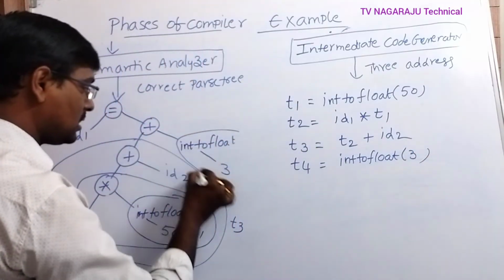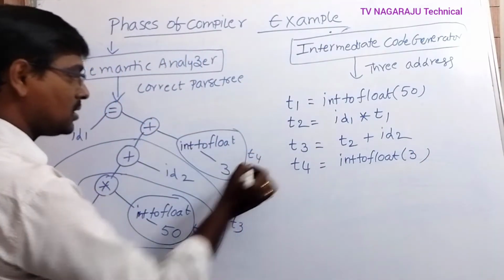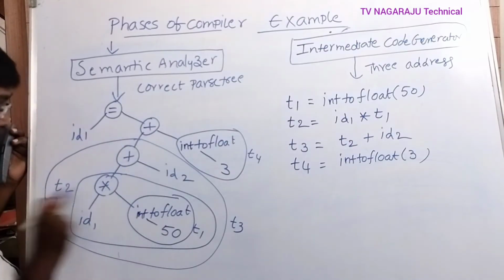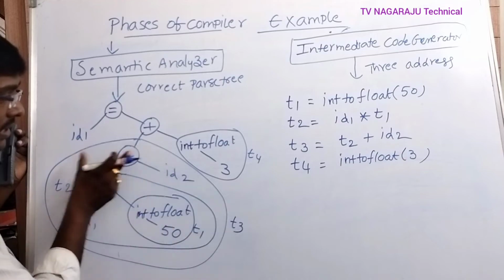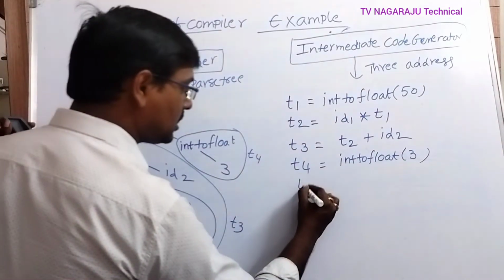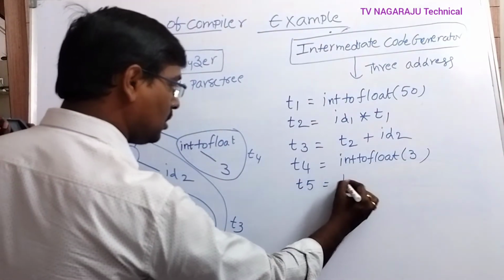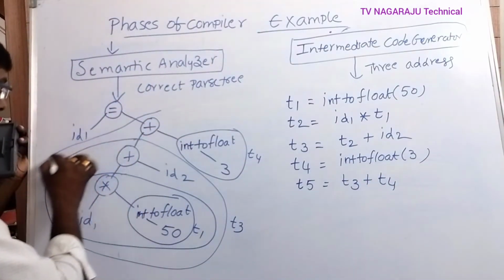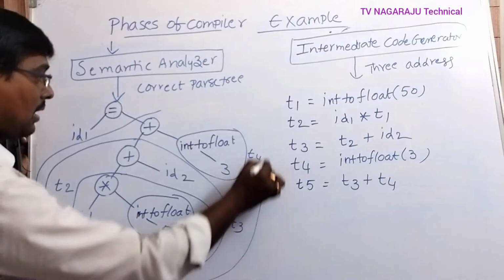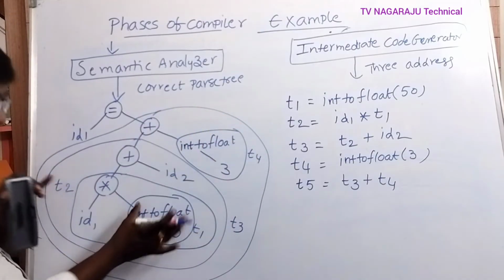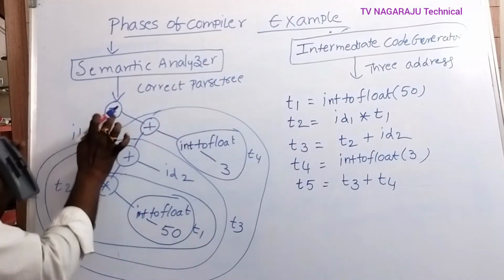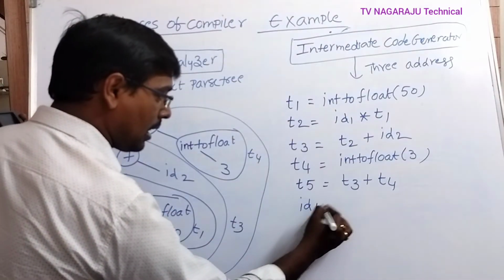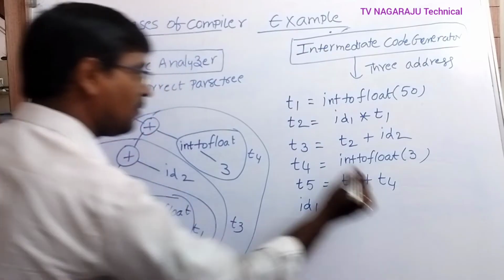Now perform the addition operation between t3 and t4. So t5 is equal to t3 plus t4. Now this entire thing is completed. Step by step you have to follow, level by level. Finally the last value is stored in id1: id1 is equal to t5.